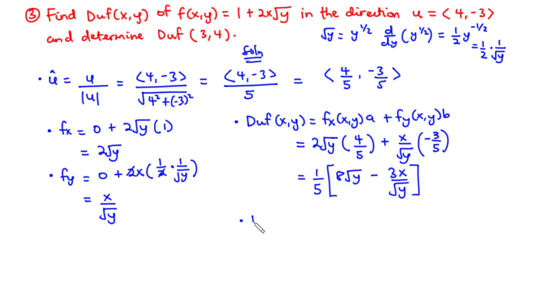So to find the directional derivative at the point 3, 4, we basically substitute 3 in place of x and then 4 in place of y. So that is equal to 1 over 5 on the outside times 8 root y, where y is 4, minus 3 times x, so 3 times 3, divided by square root of 4.